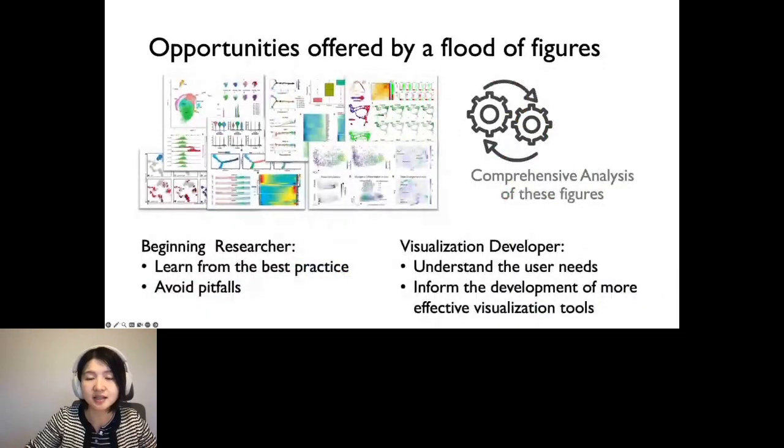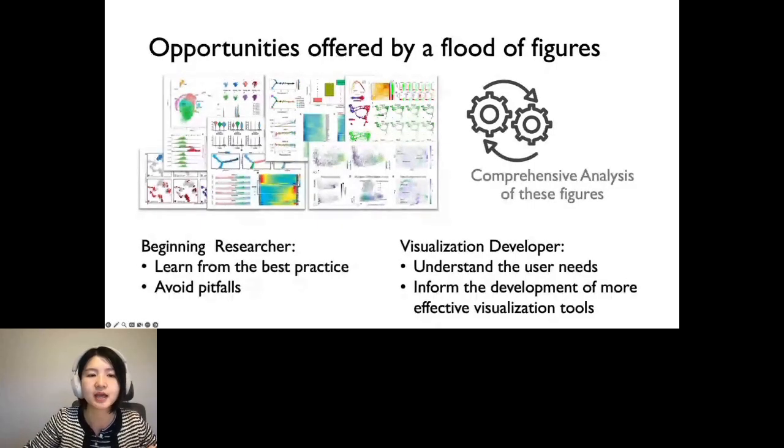So ideally, with so many high quality figures available in the existing literature, this should offer a very unique opportunity to explore and answer those questions. If we are able to conduct a comprehensive analysis of those figures, we should be able to help beginning researchers learn from best practices and avoid pitfalls and common mistakes.